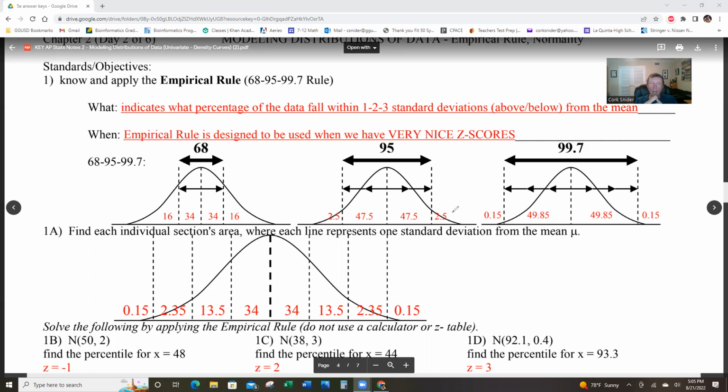So not all data is normal, but many things are normal. Things that are normal are like heights and shoe sizes in societies. Things that are not normal are like income. Income is skewed to the right. There are very few rich people and most people make a modest income, on the left. So not all data is normal, but a lot of it is.